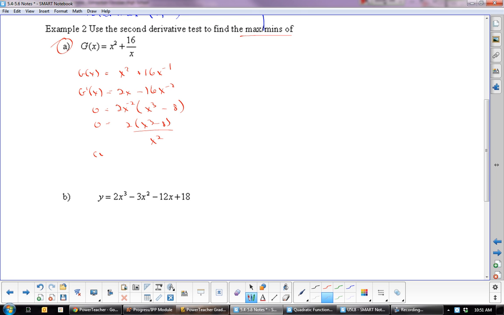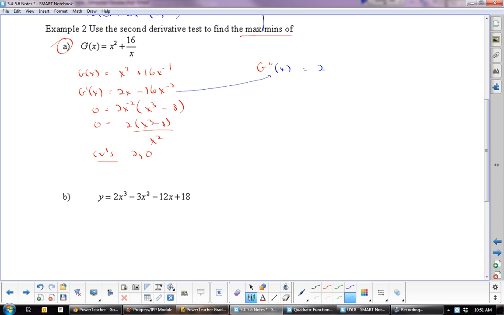What would the CVs be? Yeah, 2 and 0. Then the second derivative, g double prime. To make our lives easier, I would go off this one.